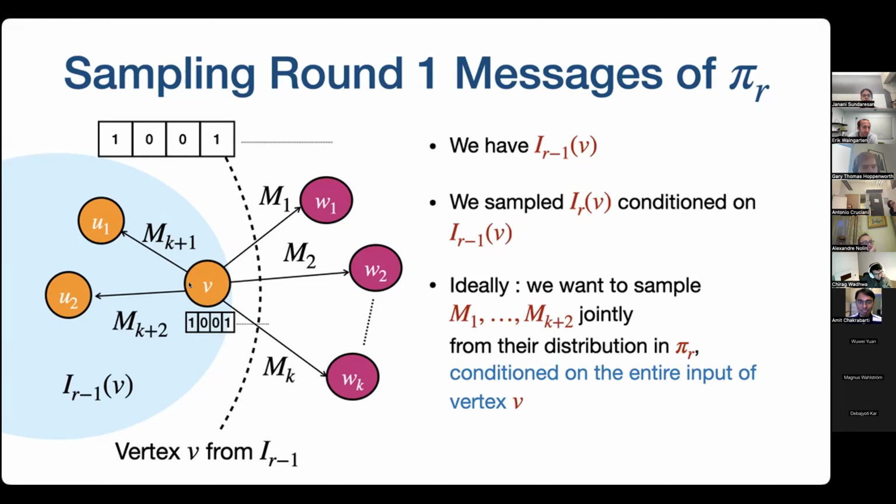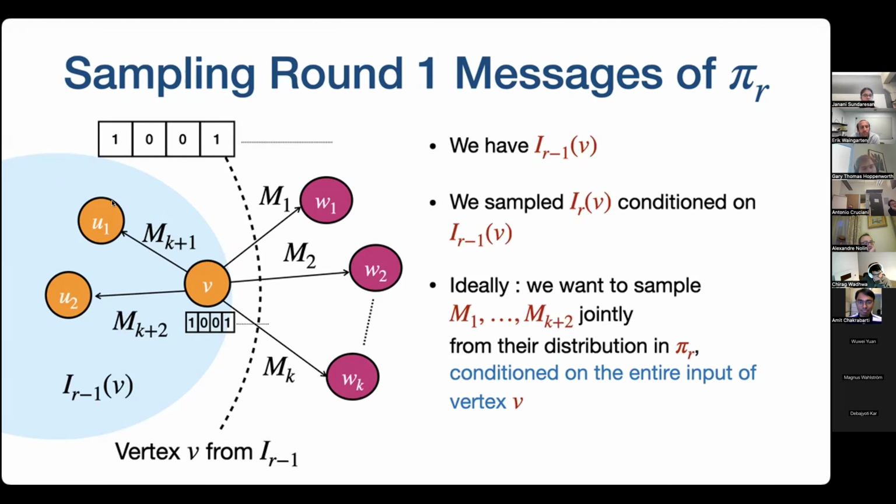Let's say we just fix a random neighbor that is not U1 and just send this across as a message. So if V is super, super lucky, V is going to pick U2 as its random neighbor and send it across as MK plus 1. But this is just something that cannot happen, because at the end of such a lucky message, U1 would know that V and U2 have an edge.